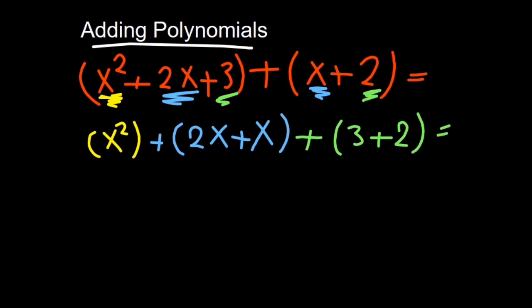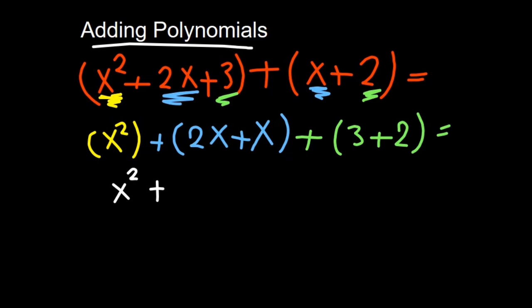Now let's simplify. The x squared I'll keep as it is, because there's nothing to do with it. Plus 2x plus x. As we said before, we can consider it as 2 apples plus 1 apple.